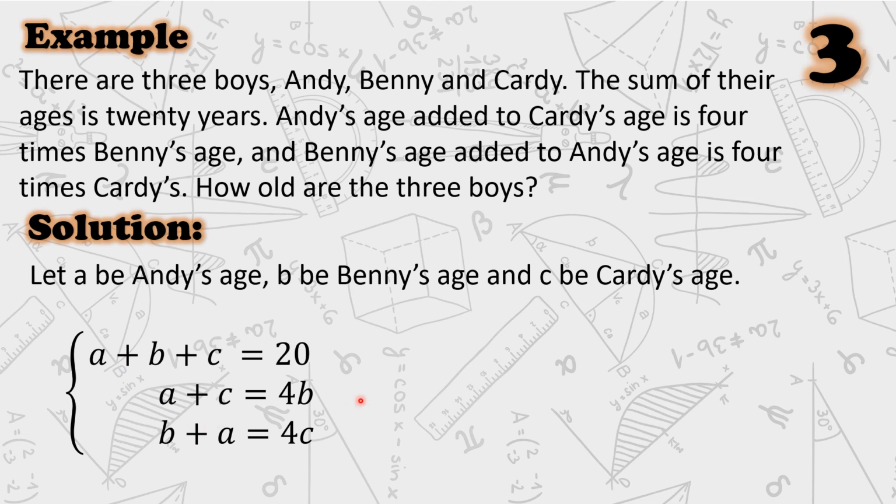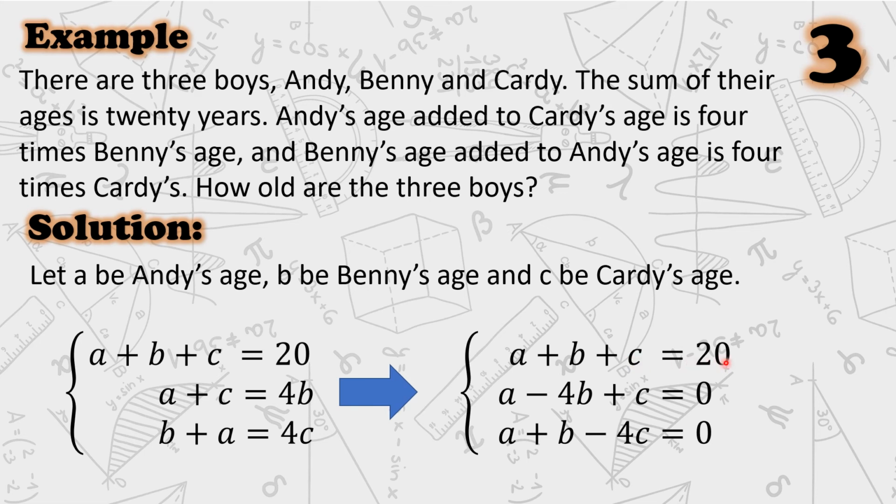First, let us rewrite the 3 equations in standard form so that we have A plus B plus C equals 20 for the first equation. A minus 4B plus C equals 0 for the second equation. And A plus B minus 4C equals 0 for the third equation.